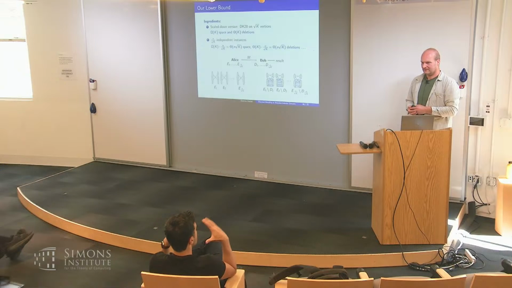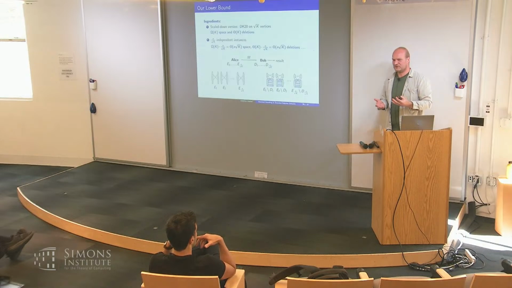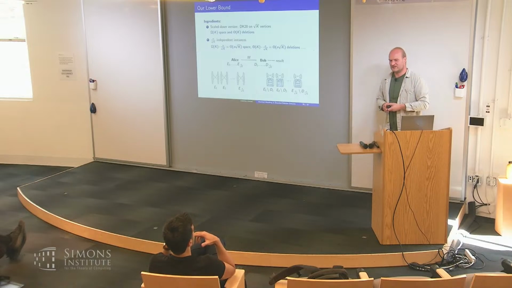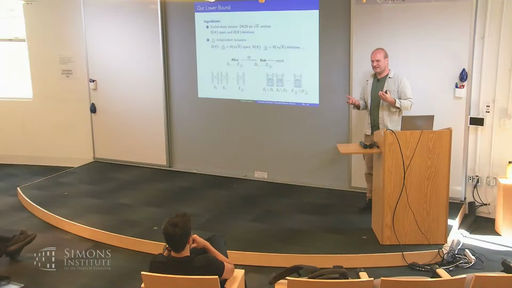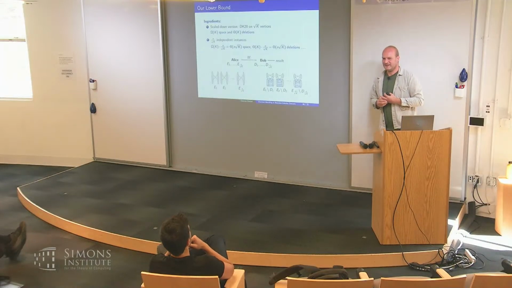Why not just pick one matching from the random graph and delete everything else? Oh, that would be easy. If you're left in a graph with just one matching of size n and nothing else, there are only n edges in the graph, you can just do sparse recovery or something, you can find it. So they definitely need to keep the graph dense and hide this matching well enough.